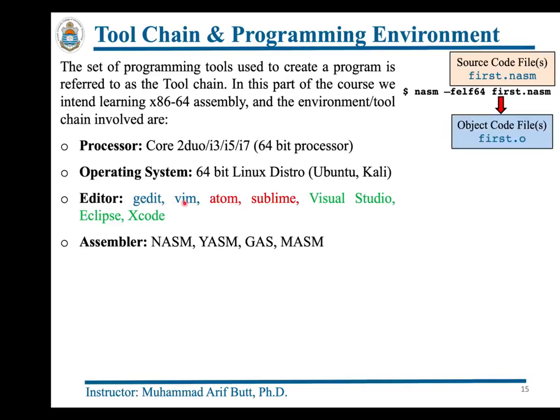Well, after we are done writing our assembly program in this source file, we need to assemble it. And we all know that an assembler is a program that takes as input a stream of assembly instructions and generates as output a stream of equivalent binary instructions.